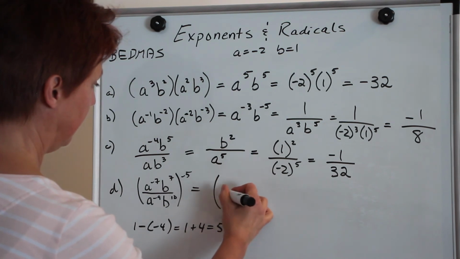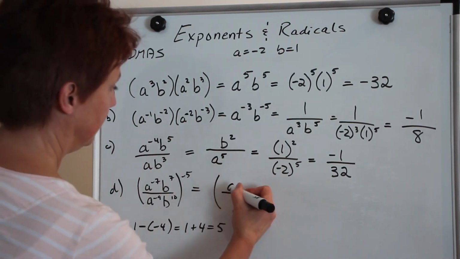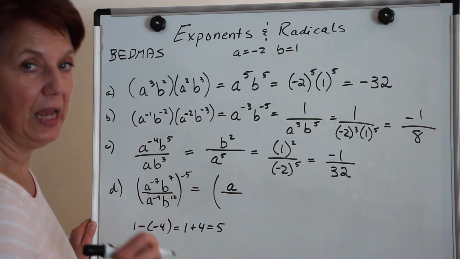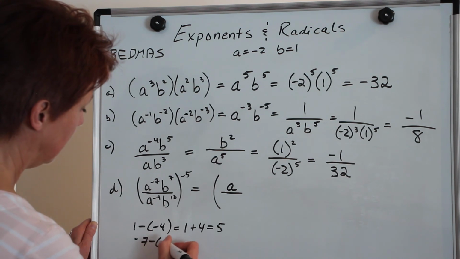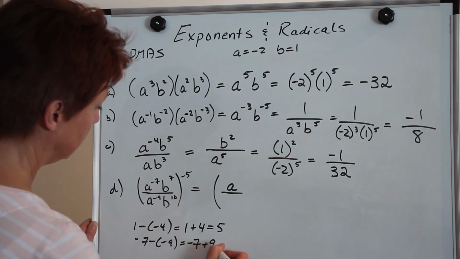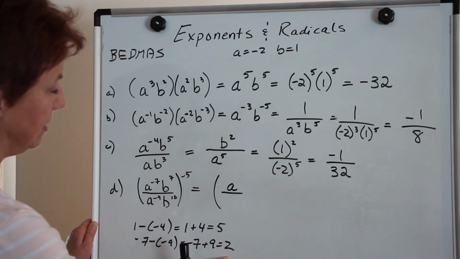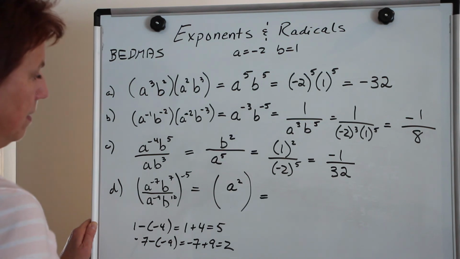So the larger exponent on the a's is on top. So that's where my a base will end up. Now we're doing this. -7 minus -9 is -7 plus 9, which is the same as 9 minus 7, which is 2. So we end up with a 2 there.